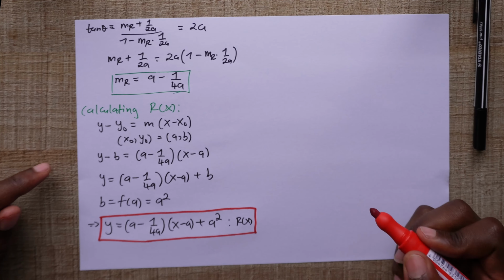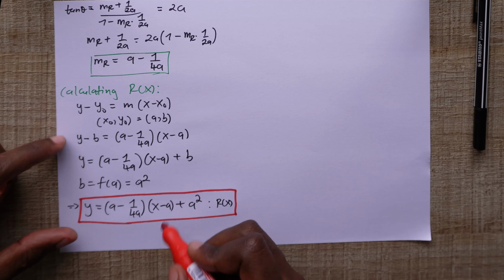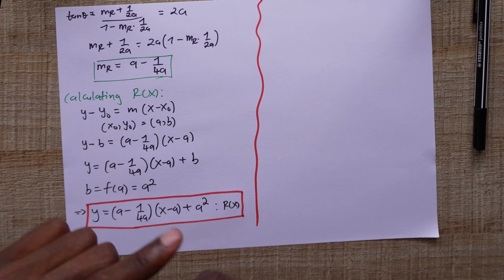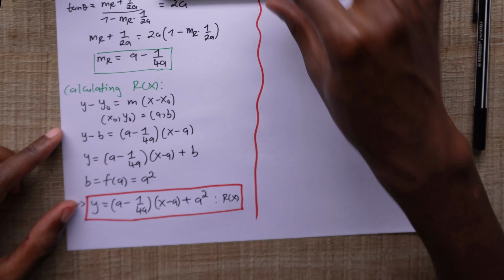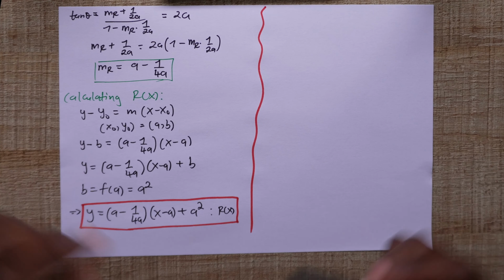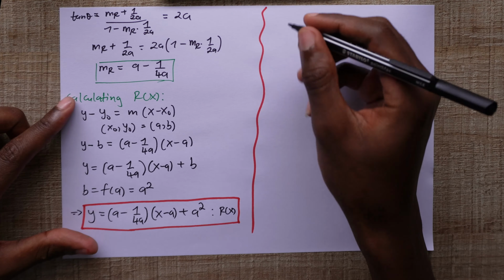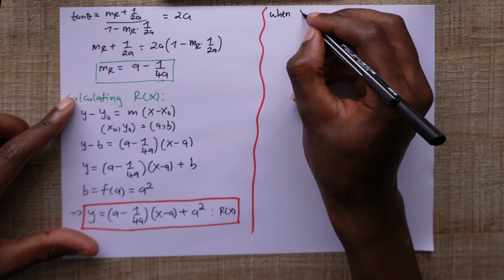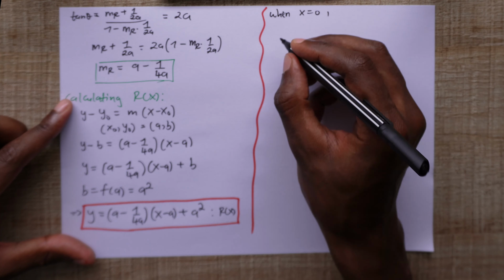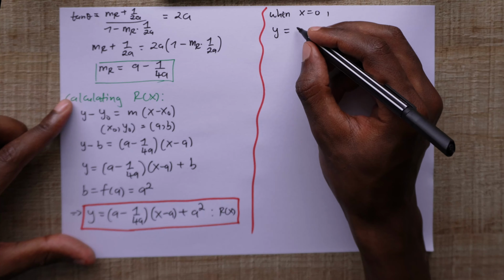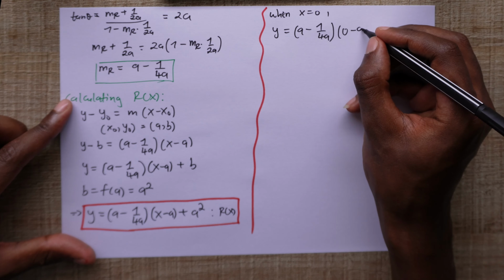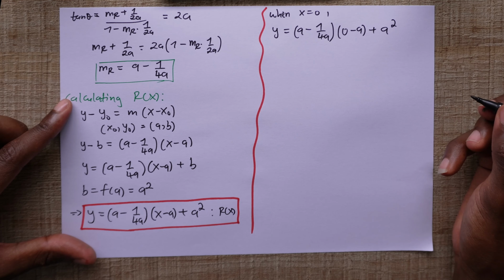So having this, we can now proceed to calculate the y-intercept of this equation, which should correspond to the focal point. And let's do that and see if it gives us the result we expect. So when x is 0, let's calculate the value of y. So y is going to be a minus 1 over 4a times 0 minus a plus a squared.